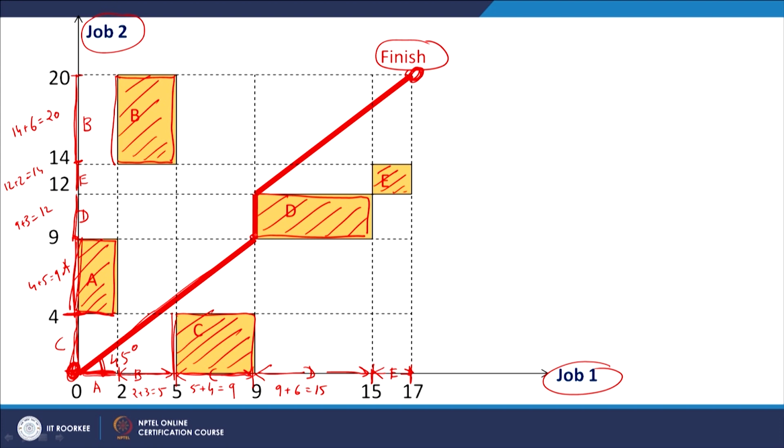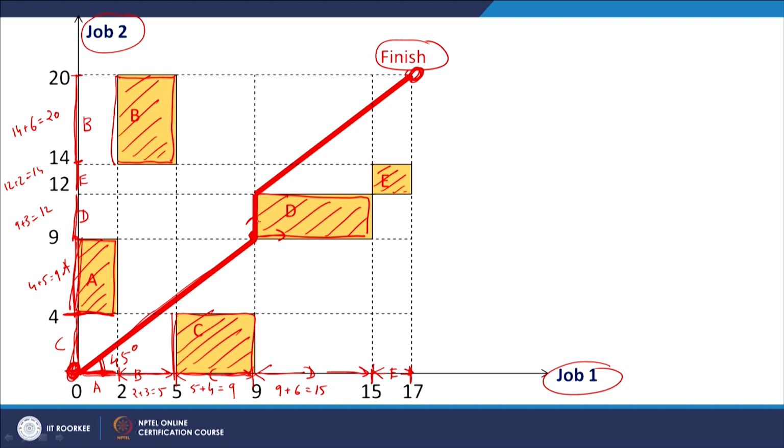Now, we have hit across this rectangle, the one given by B, and this means that now we have to decide whether we have to go in the horizontal direction like this or we have to go on the vertical direction.